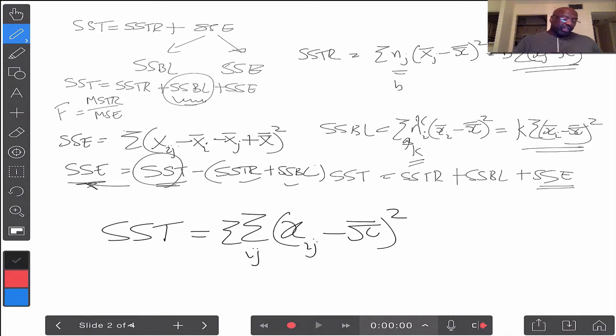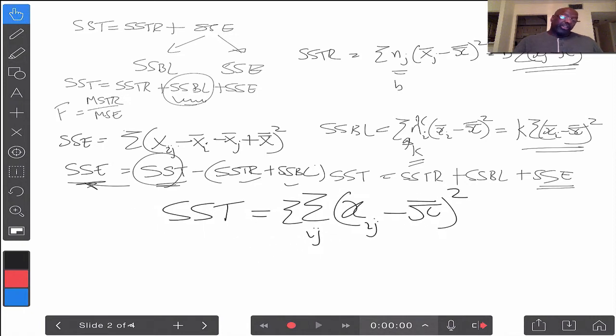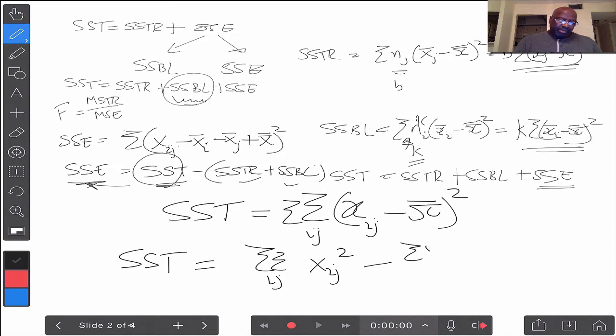But recall I gave you a shortcut formula, which I want you to use in this case, and the shortcut formula will be this. SST will be the sum over all ij of Xij, all squared, minus the sum, we have to use double summation because of i and j, of Xij, and we put it all in brackets, squared over n.